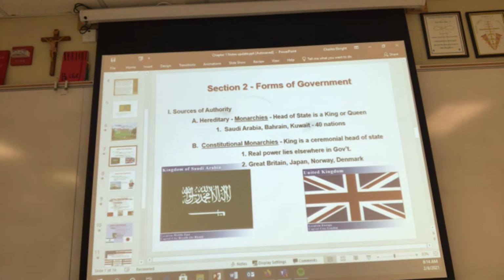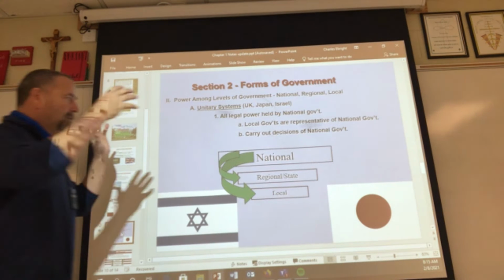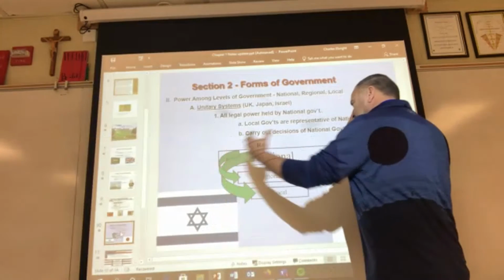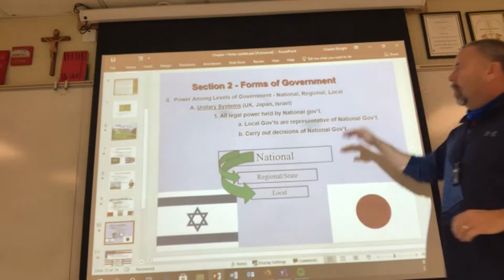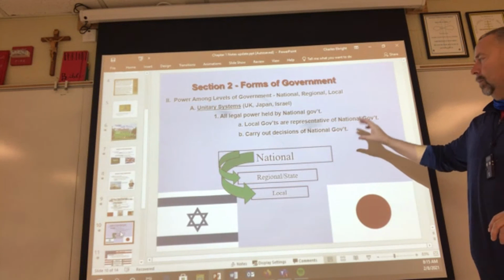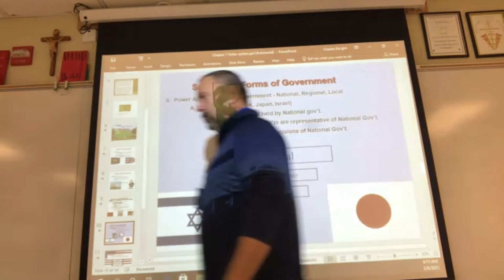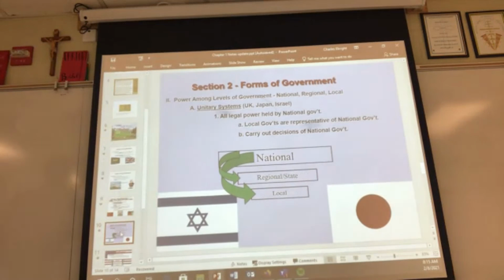Okay, unitary system. This goes back to power within forms of government. So again, guys, try and think of the big unit. The big unit is the national government. All real power, all legal powers held at the national level. Big unit tells the others what to do. If you ask me, this is one of the biggest things we should fear as a nation.